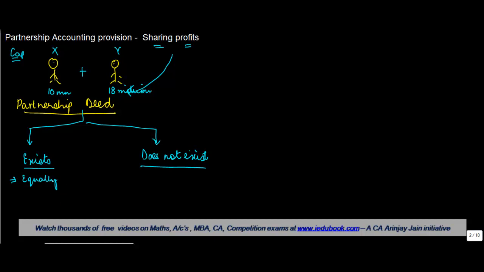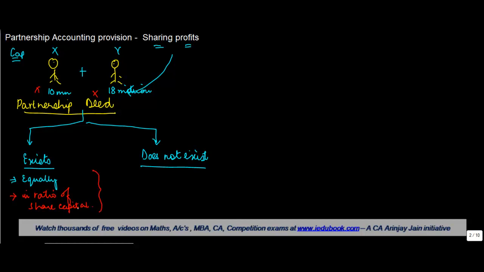Now if it says equally, it is immaterial what amount of capital X has brought in or what capital Y has brought in, right? Another situation can be that it says the profits have to be shared in the ratio of share capital.